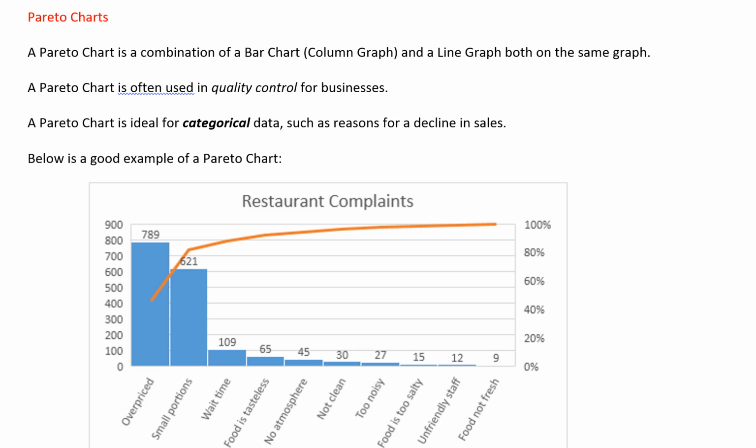And in particular, it's used for categorical data. And we saw that bar charts or column graphs are suitable for that situation. In particular, they're used for quality control. So when a business is evaluating how they're going, for example, this business has looked at its complaints.